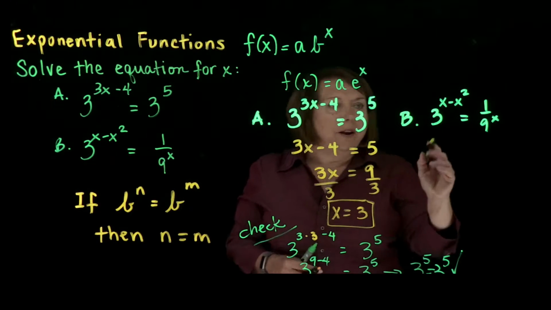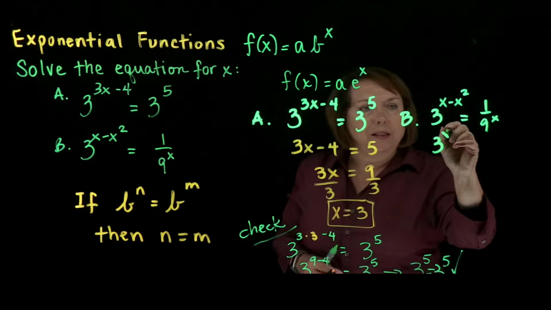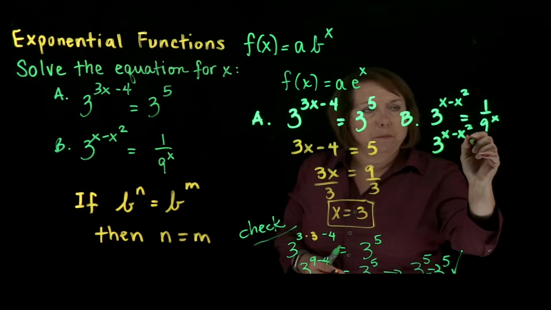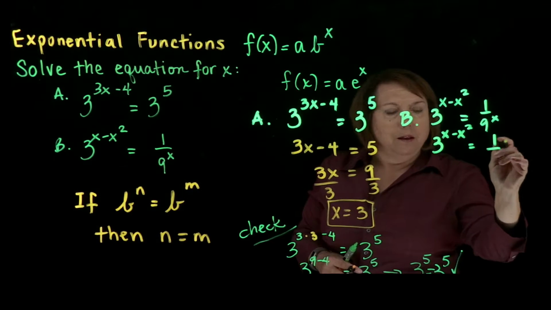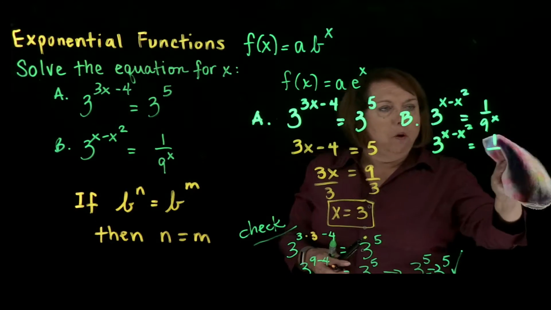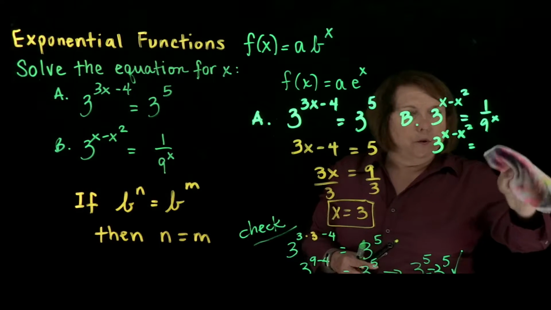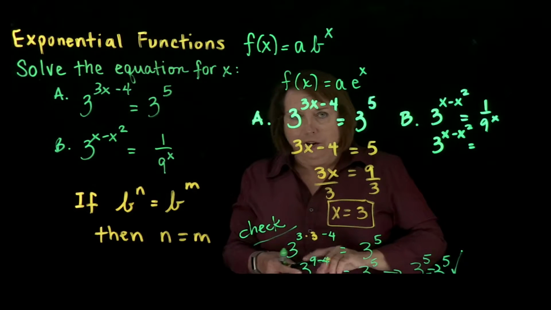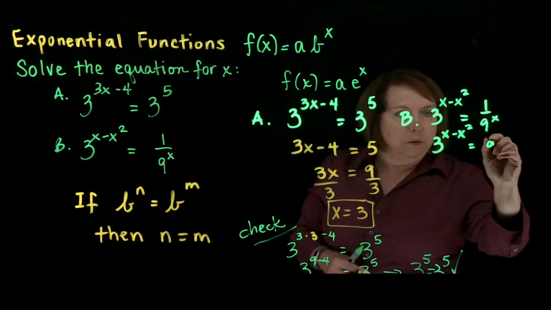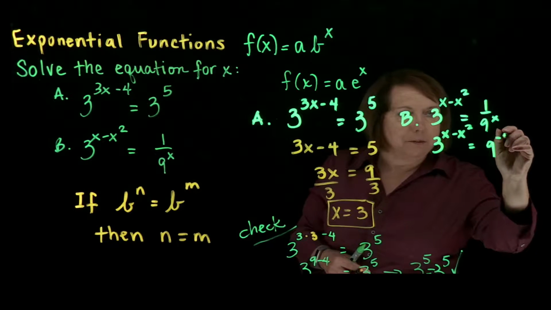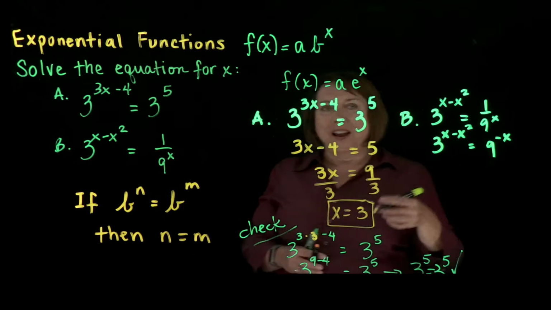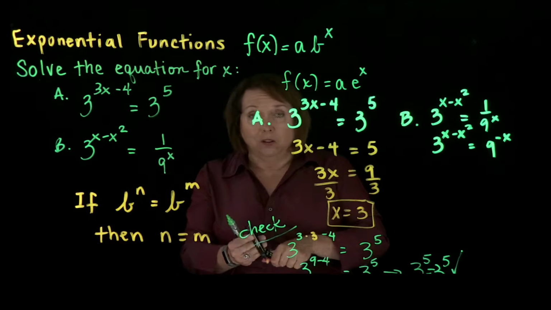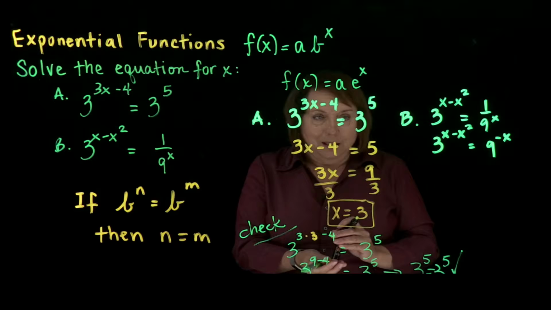Before I do anything, I'm going to rewrite this in a more convenient form. I want to move that 9 to the x to the numerator. I don't want it to be in the denominator of this fraction. So it would become 9 to the minus x power, using our negative exponent rule that we've been using a lot in these videos.